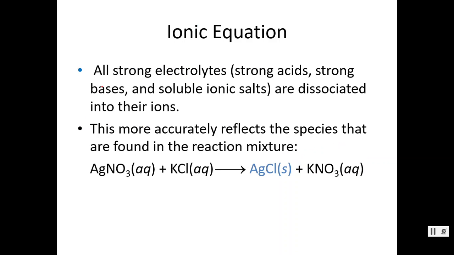We'd want to do that because, as we learned earlier in this chapter, species that are soluble or strong electrolytes in water are not dissolved as intact molecules. They are dissociated, or they break apart into their component ions, specifically their cations and anions.